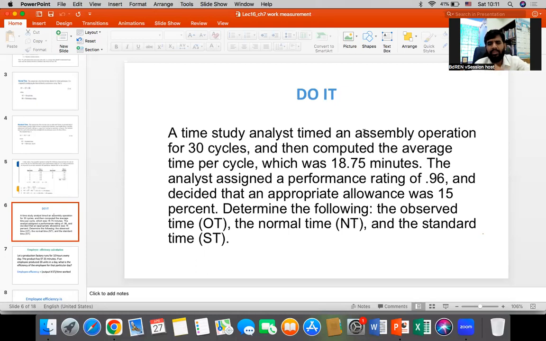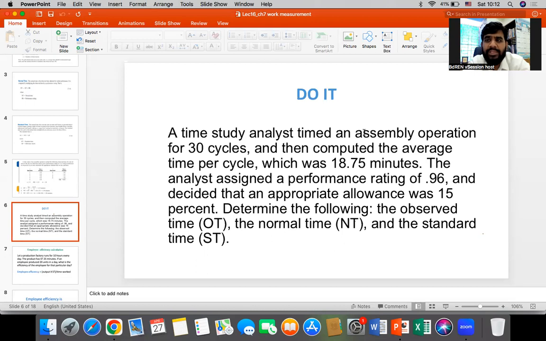So can you calculate what is the observed time? What is the observed time? Who can tell me?